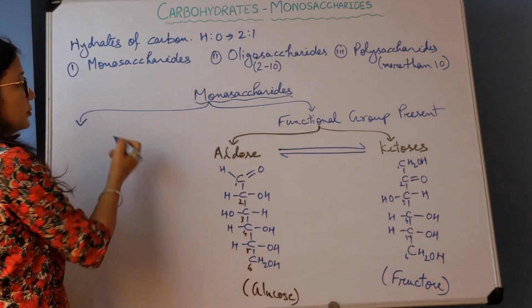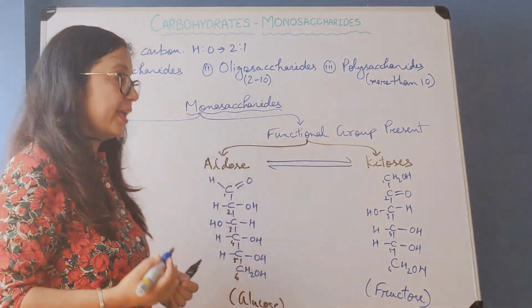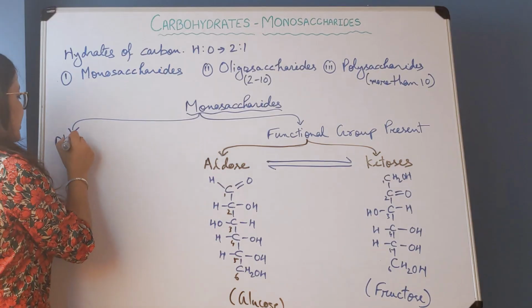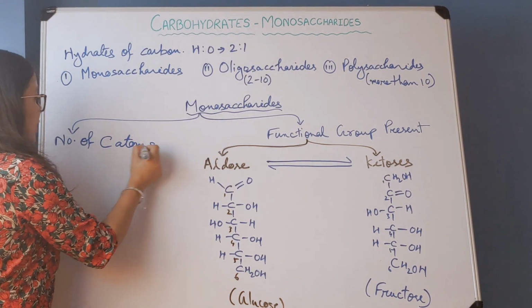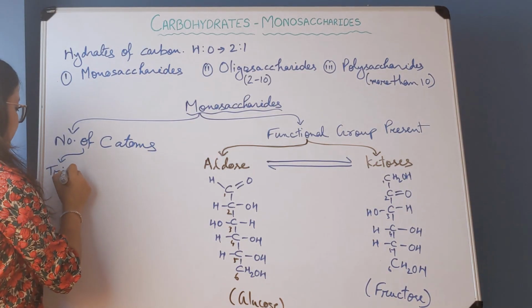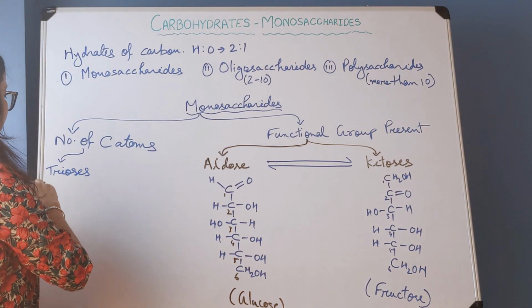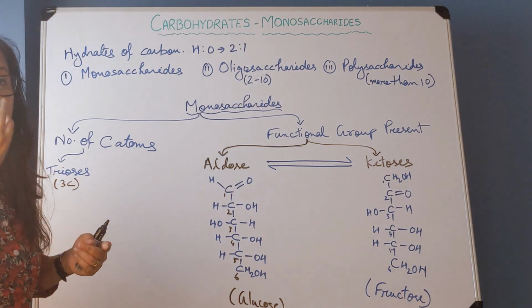Now, monosaccharides are also classified based on the number of carbon atoms present in them. If there are 3 carbon atoms present, they are called trioses. A good example of a triose is glyceraldehyde.